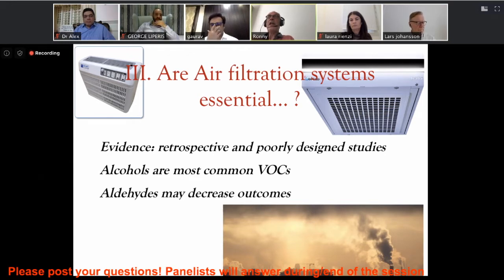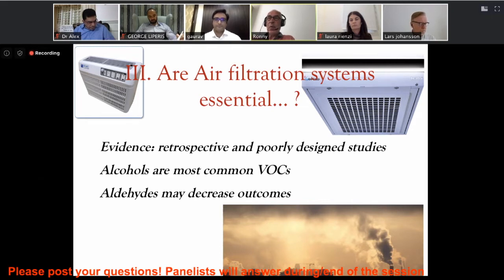VOCs are a very heterogeneous group of products. Most frequent is alcohol, used for decontamination or disinfection. Aldehydes are certainly documented to be detrimental, but there are many, many others, and all of them can have another impact on certain KPIs. So there is no single answer to that.